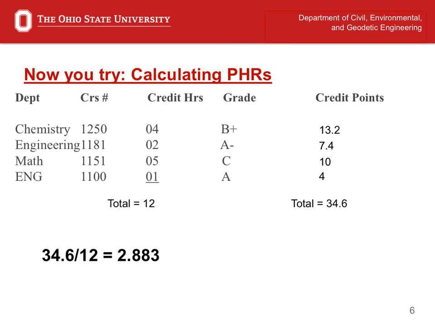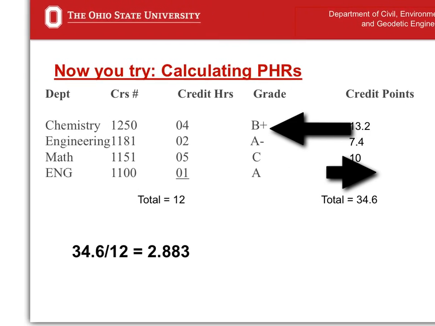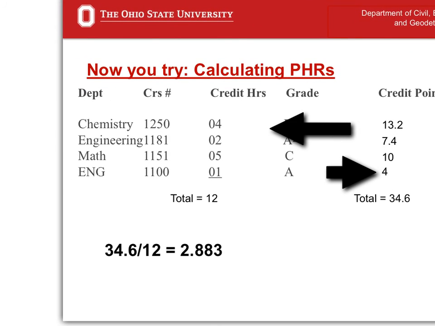So it's really important to make sure that in those higher credit hour classes that you have an idea of how you're going to do, because they're going to have a much bigger impact on your GPA in a given semester. So make sure that you're paying attention to that when you're calculating out your PHRs in a given semester.